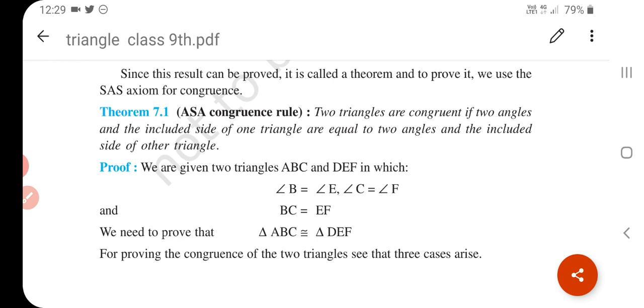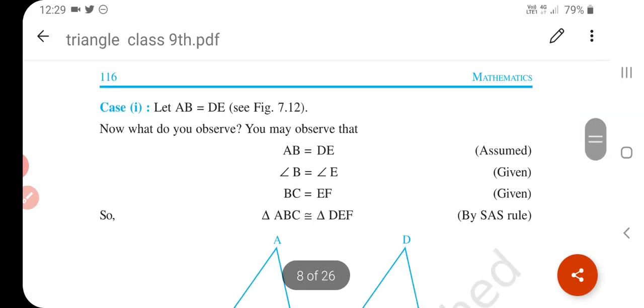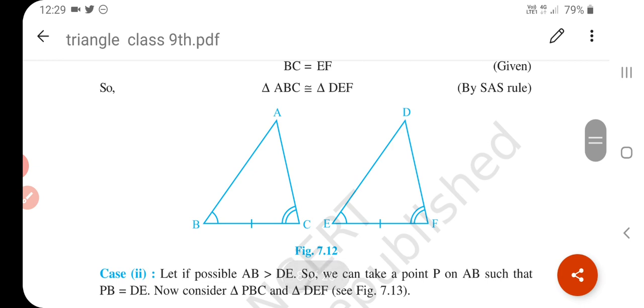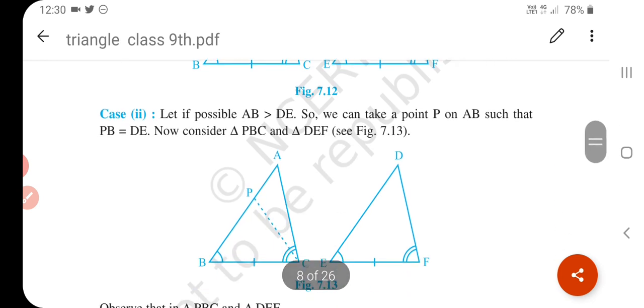Here it's given two angles are equal and one side is equal. See here, if we draw ABC and DEF, these two triangles are here and it's given angle B is equal to angle E and angle C is equal to angle F, and its included side BC is equal to EF.